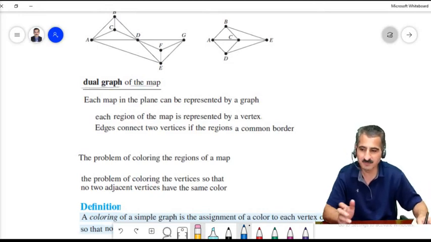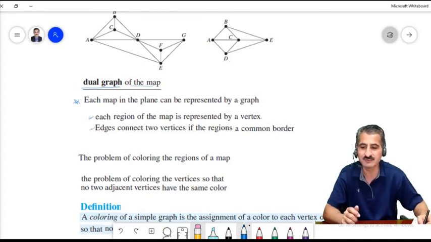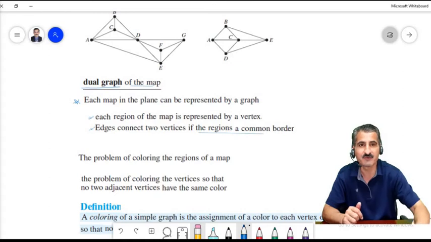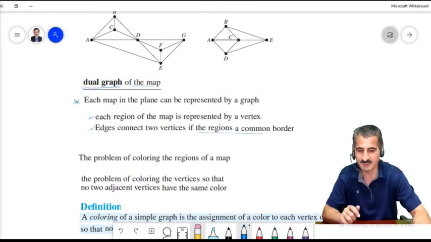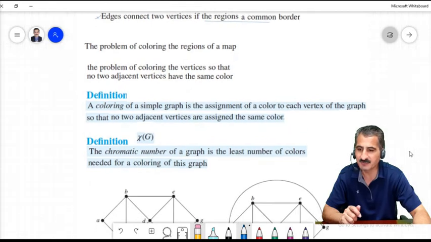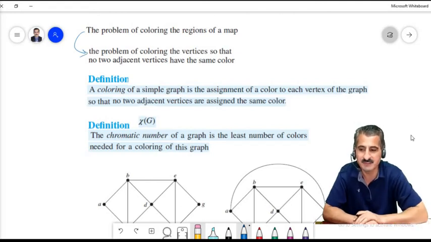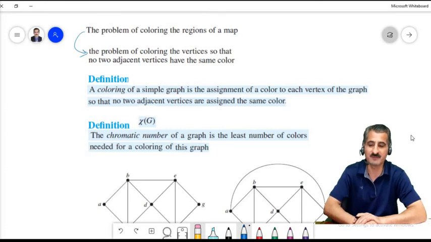Each map in the plane can be represented by a graph in the way I explained. Each region is represented by a vertex, and edges connect two vertices if the regions have a common border, if they are adjacent. And then, as I said, the problem of coloring regions of a map is transformed to the problem of coloring vertices so that no two adjacent vertices have the same color.